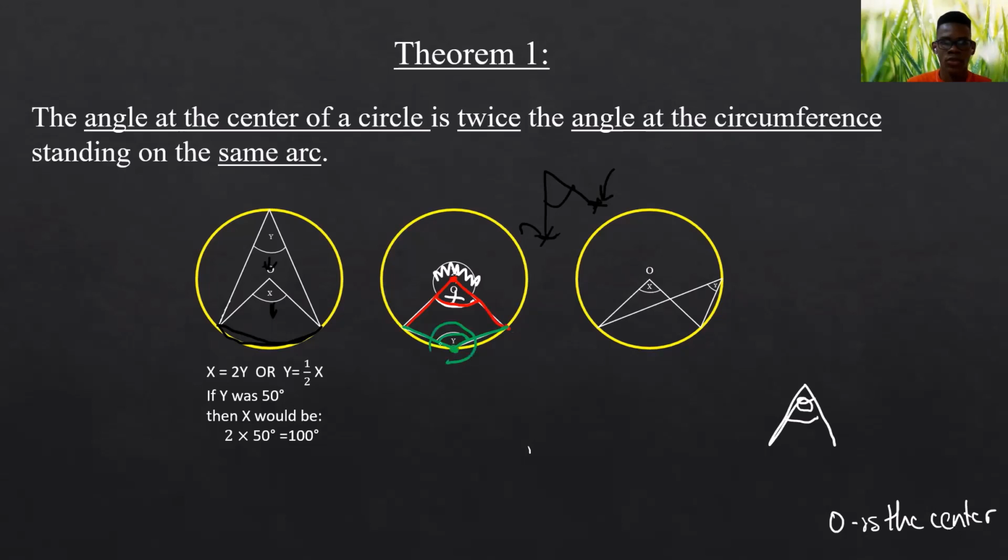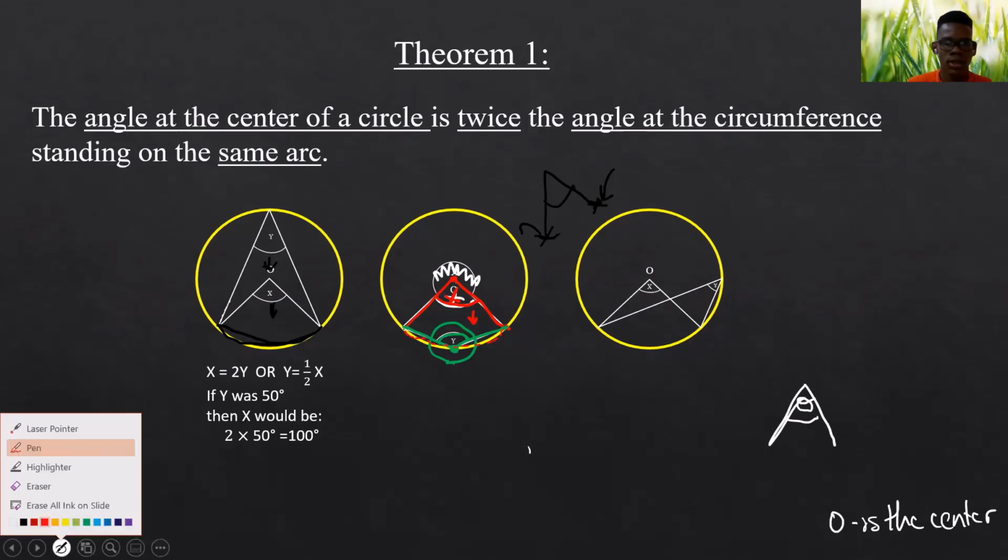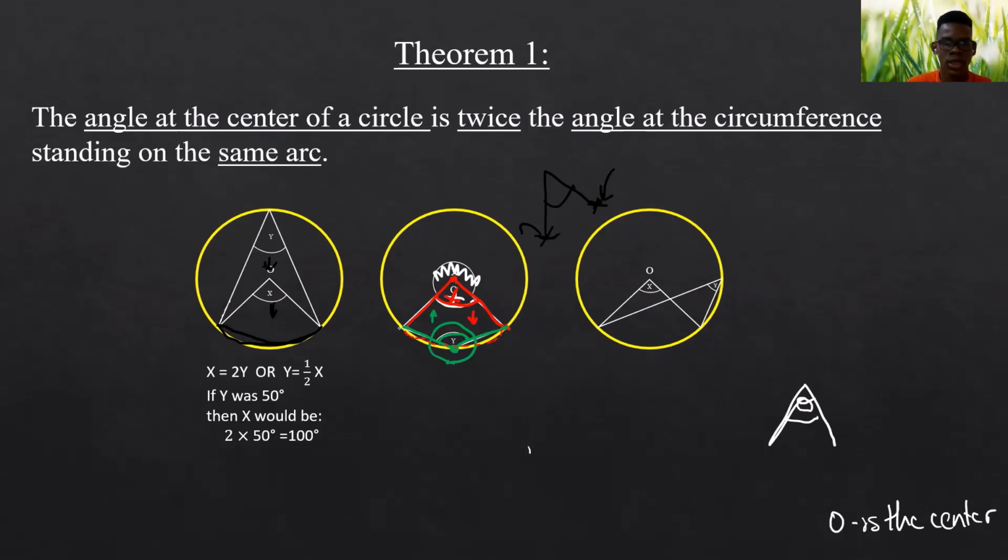So X is still at the center and Y is still at the circumference, but these two are not standing on the same arc. The reason being that X, let's use all red for X, is facing in this direction, hence it's standing on this arc. And Y, facing in this direction, is actually standing on this portion of the arc.